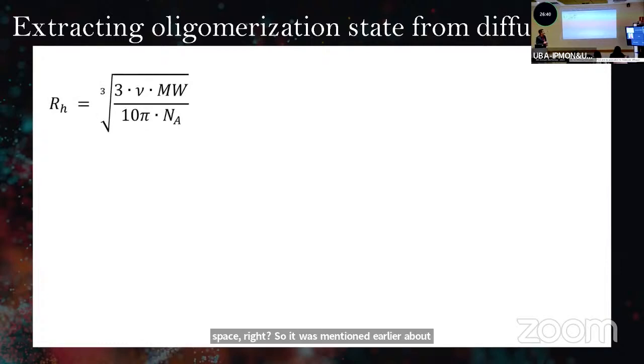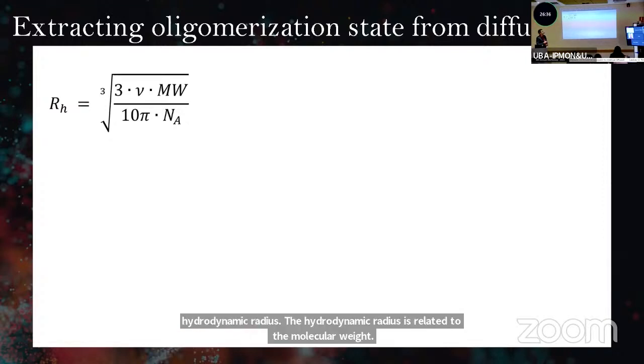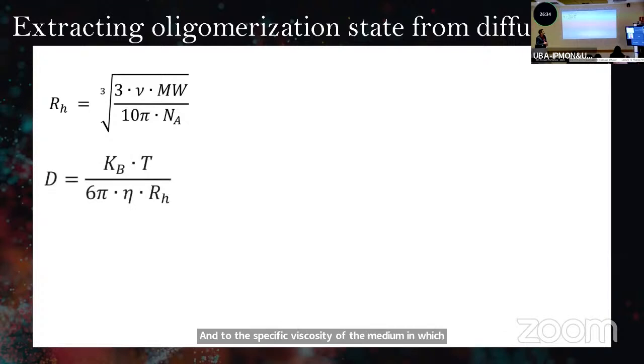And the hydrodynamic radius is related to the molecular weight, to the specific viscosity of the medium you're in, and the Avogadro number. And the diffusion coefficient depends on this hydrodynamic radius with the Boltzmann constant, the temperature and the viscosity of the medium.